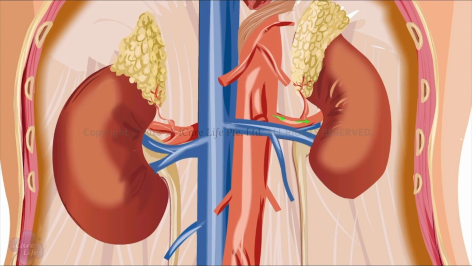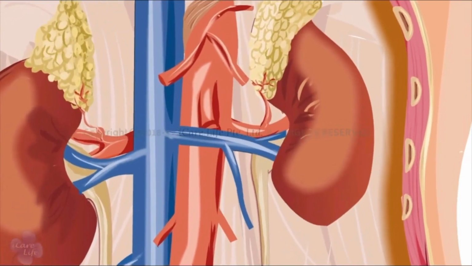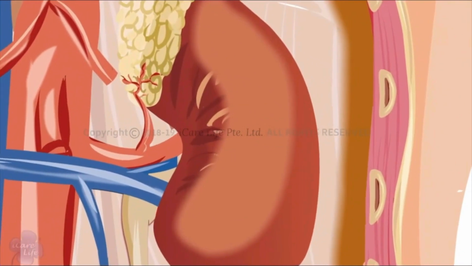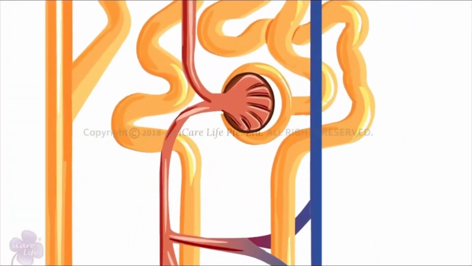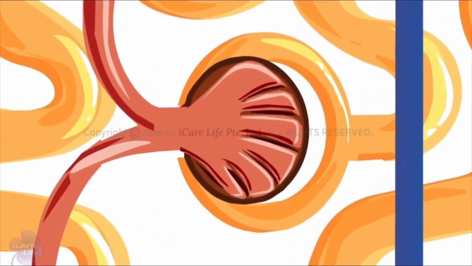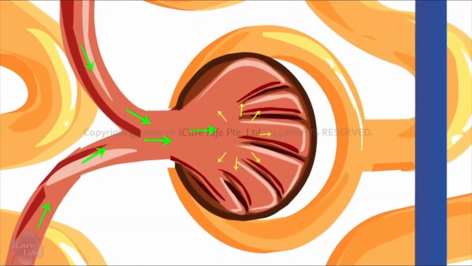The renal artery brings the blood to the kidney. The blood reaches the capillaries inside the glomerulus in the nephron, which filters the blood. Some of the water and small molecules in blood, such as urea, uric acid, glucose, sodium, and amino acids, dissolve in water and pass through the walls in the capillaries into the nephron.